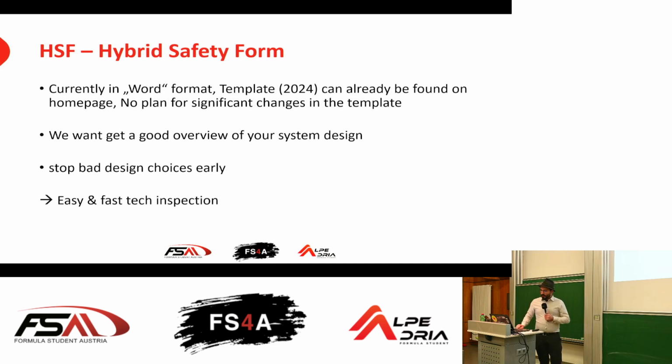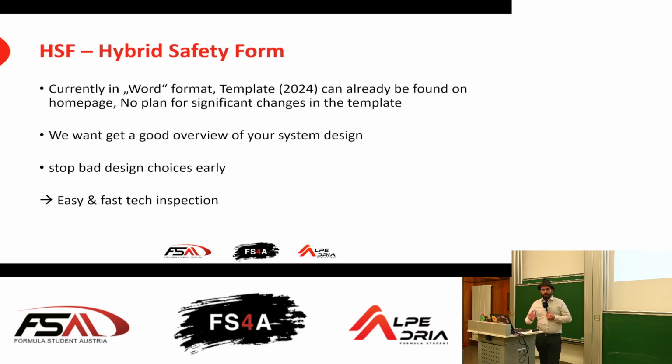Then we have two more documents which are specific to your powertrain. So we have the hybrid safety form. It's currently in a Word format, so a text document. We do not plan to make any big changes for 2025, so you can already use the 2024 template for reference and already start on filling it out.